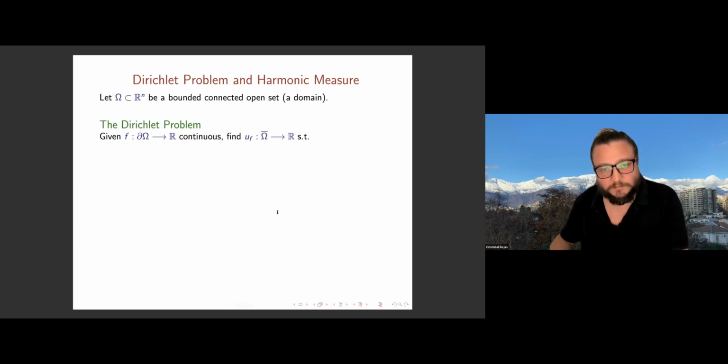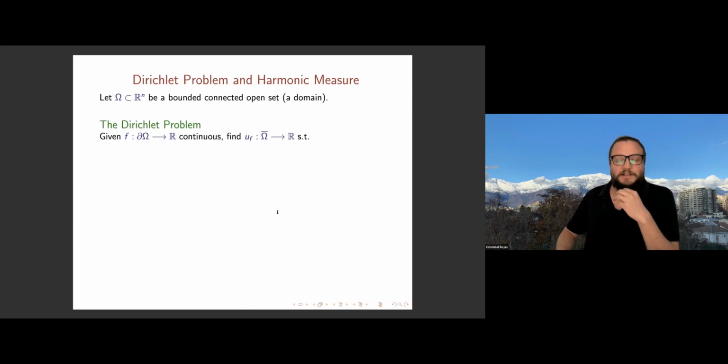Okay, so the Dirichlet problem is a very well-known problem in which we have a domain, a region of Euclidean space, which in our case is going to be a bounded connected open set. So it doesn't need to be simply connected, so it can have holes.